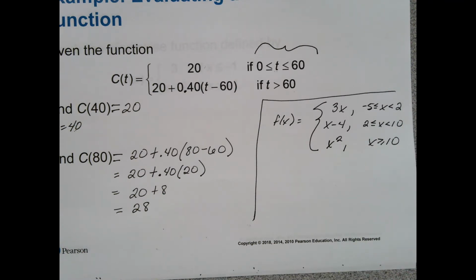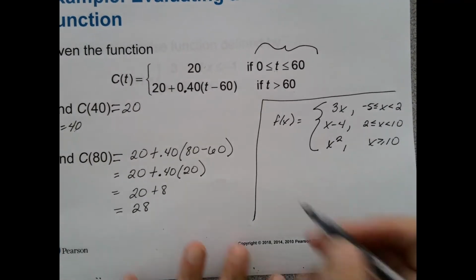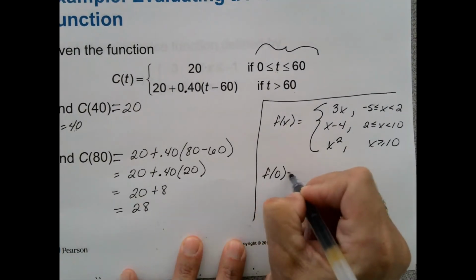So if I were to plug in x equals 0, is it piece 1, 2, or 3 for x equals 0? Where would x equals 0 fall? Is that between -5 and 2? Yes. A lot of quiet there, scares me. What is f of 0?